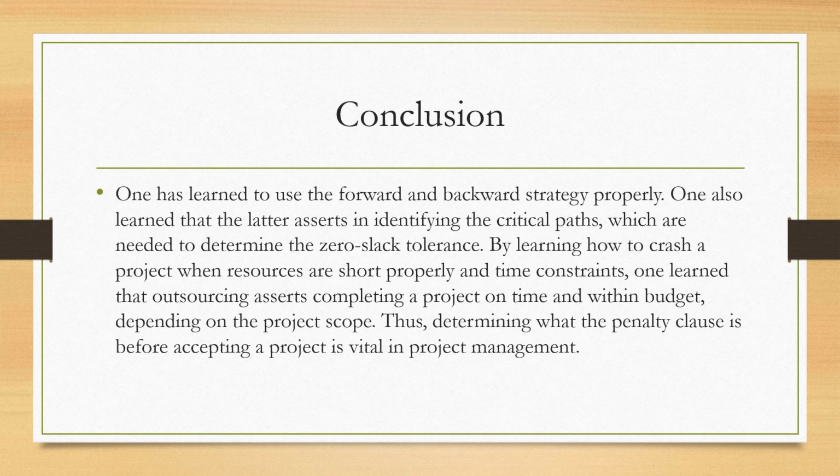By learning how to crash a project properly when resources are short and time constraints, one learned that outsourcing asserts completing a project on time and within budget, depending on the project scope, of course. Thus, determining what the penalty clause is before accepting a project is vital in project management.